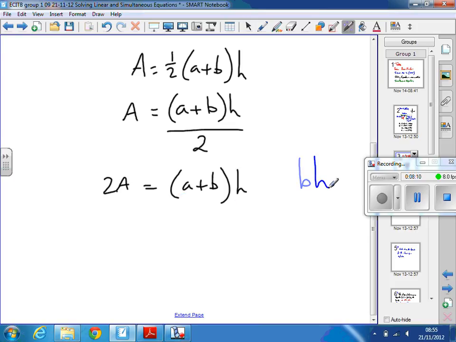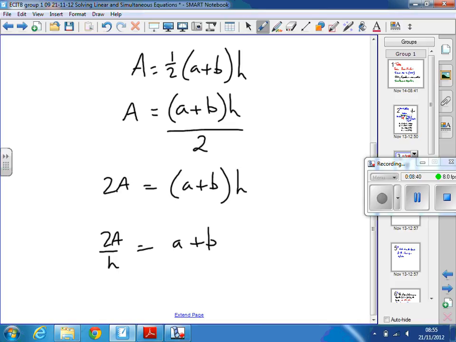So don't multiply out the brackets, divide both sides by h and get rid of that term that's outside the bracket. What this is saying is this whole bracket here is multiplied by h, so dividing by h will get rid of it. So I've got that 2A over h equals a plus b, and suddenly we're almost there, because now to get rid of the a, it has been added, so take it away.